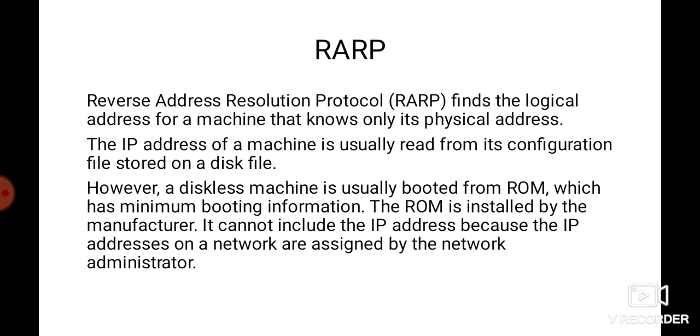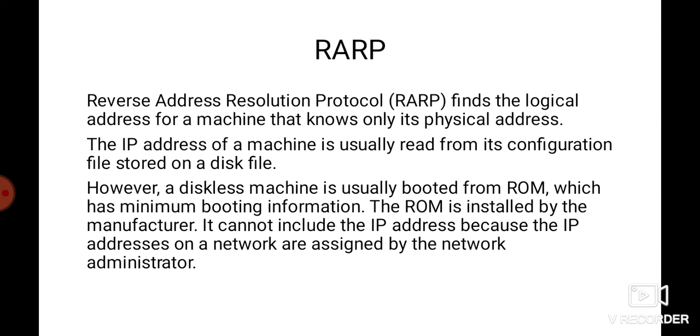Okay, RARP finds the logical address for a machine that knows its physical address. The IP address of a machine is usually read from its configuration file stored on a disk file. However, a diskless machine is usually booted from ROM, which has minimum booting information. The ROM is installed by the manufacturer.